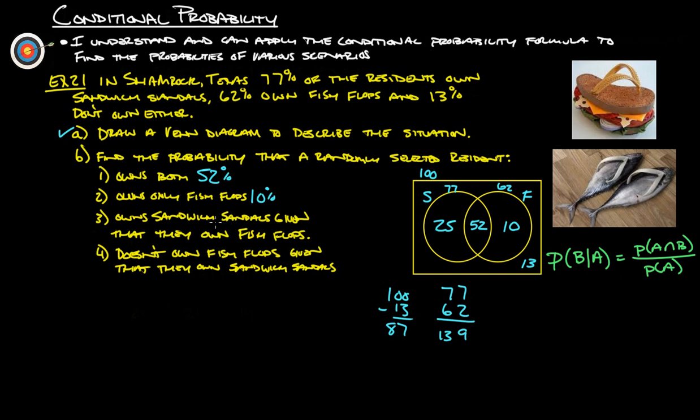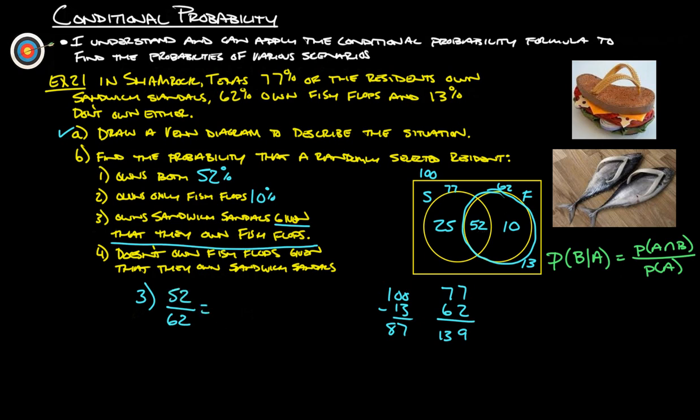Owns sandwich sandals, given that they own fish flops. The given is what we want to start with. So given that they own fish flops, how many people own fish flops? For number 3 here, there are 62 total people that own fish flops. That's the given, that's our denominator. Then of these 62 people in this circle, how many also own the sandwich sandals, which would be 52.